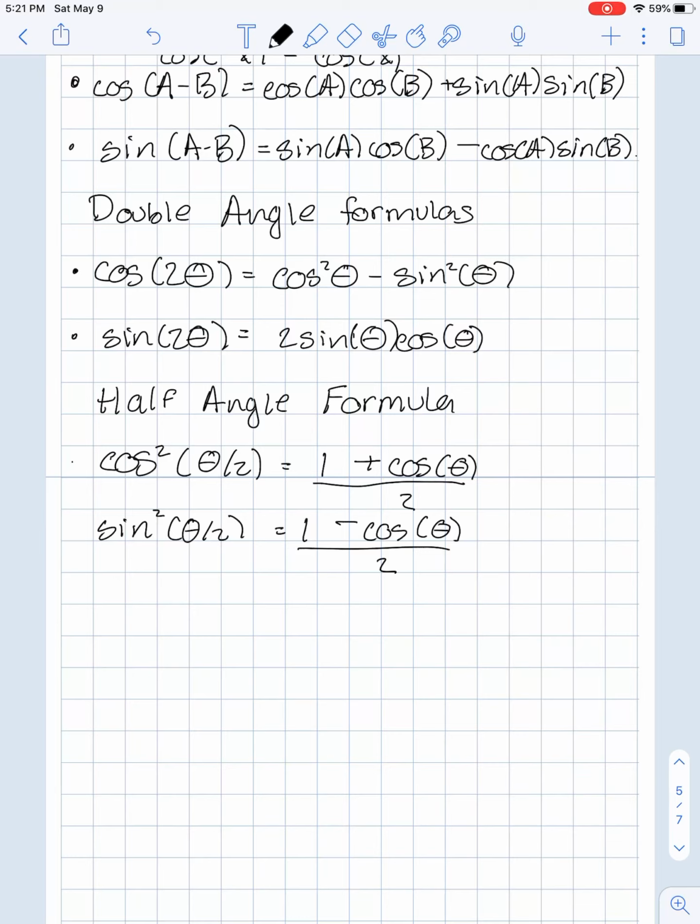You can take the square root of both sides, add a plus or minus in front of the square root, and get another formula as well.